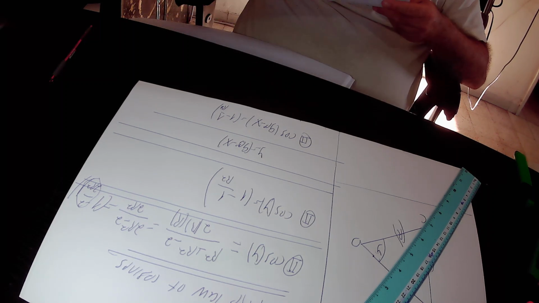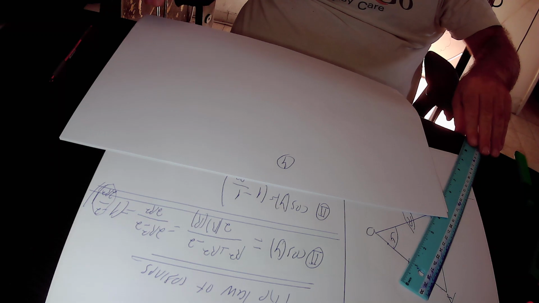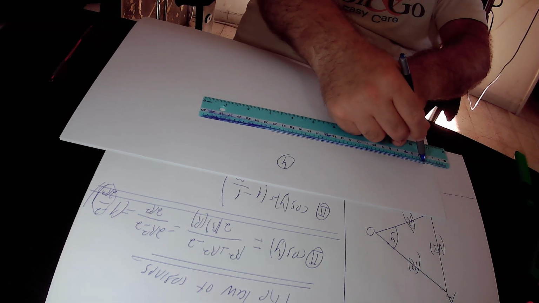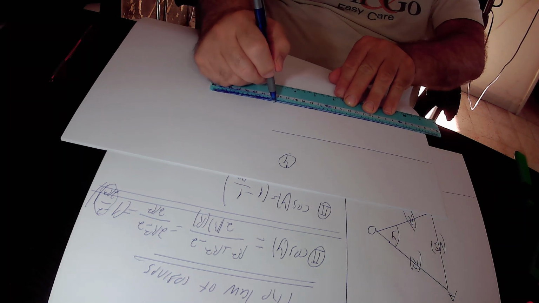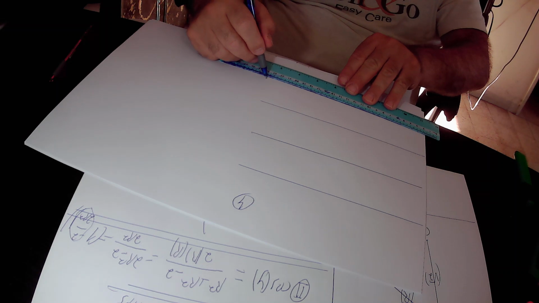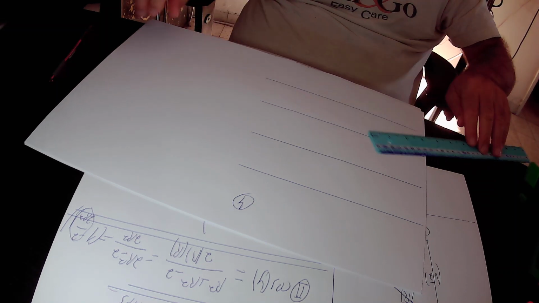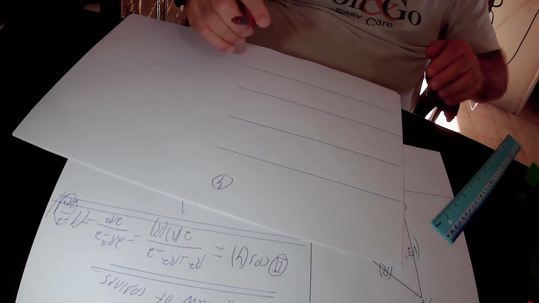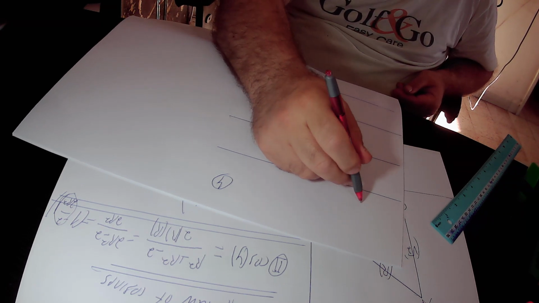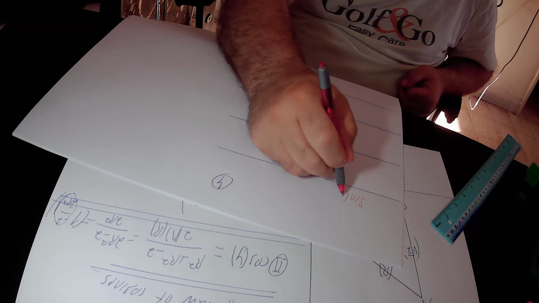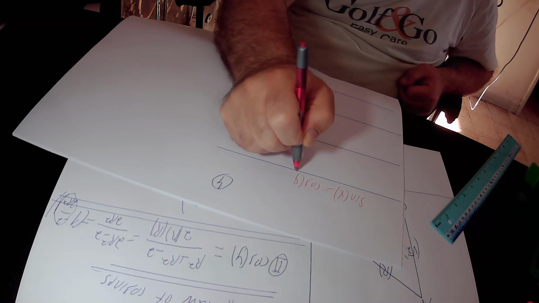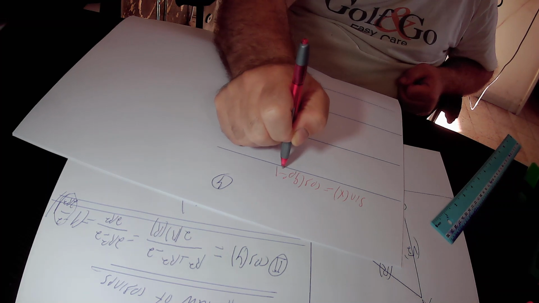So we have the trigonometric identity that states that sinus x equals to cosine 90 degrees minus x.